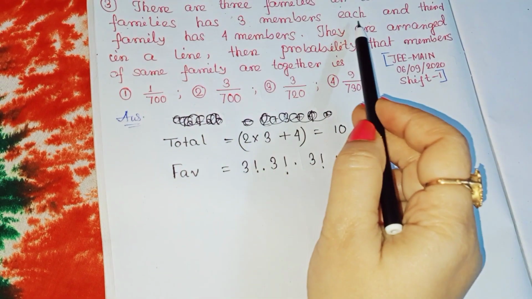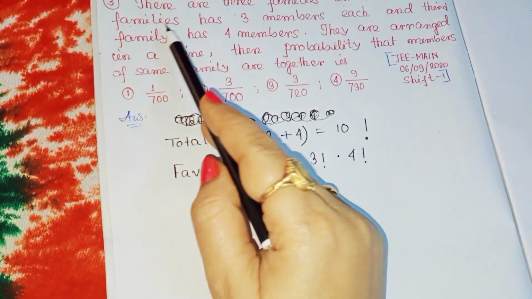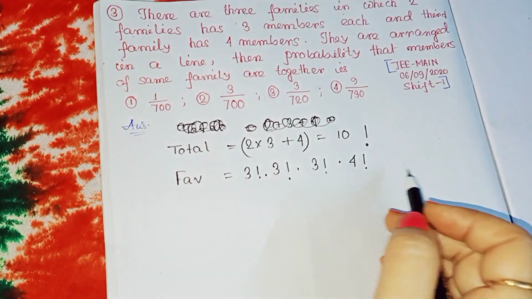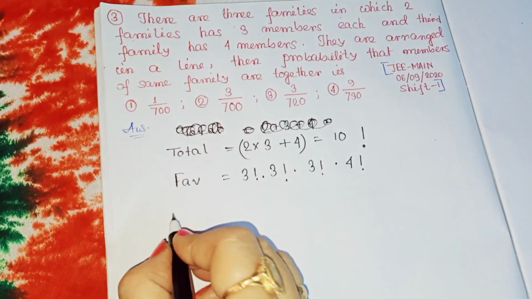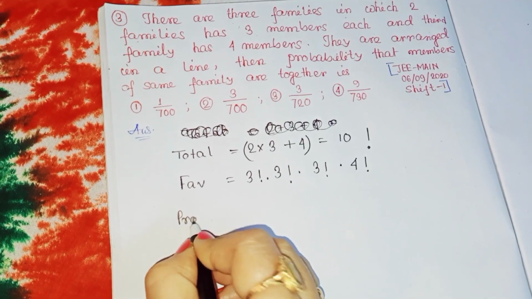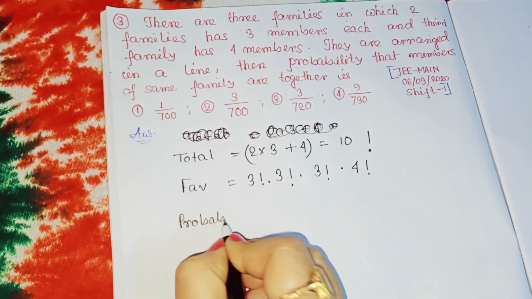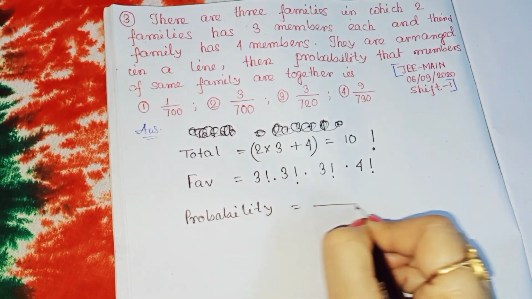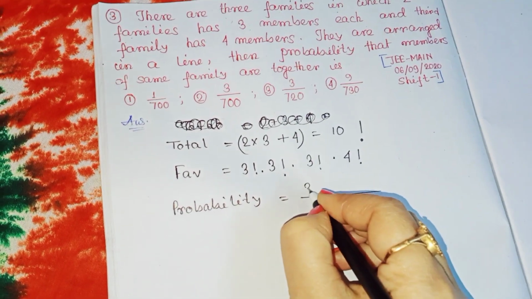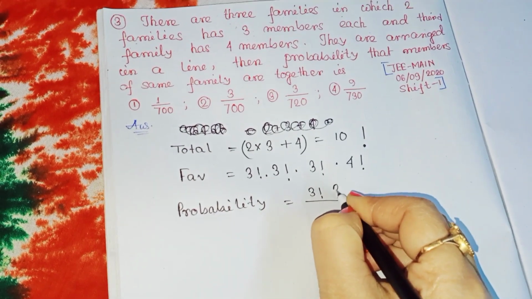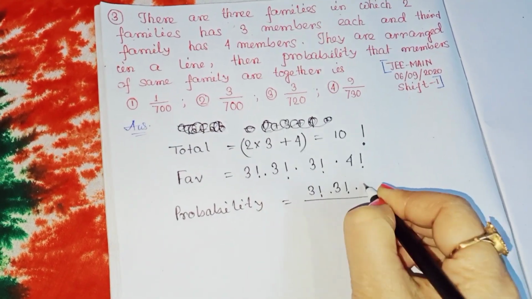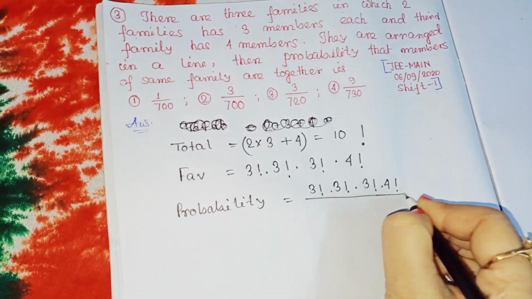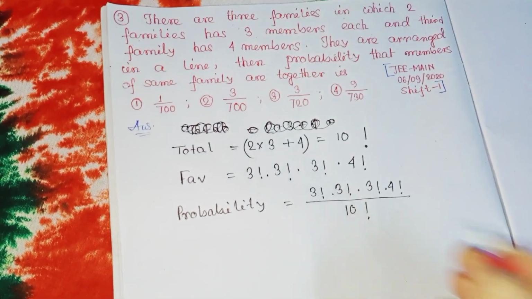As each of the families has 3 members, so 3, 3, 3, and it is factorial 4. Now the probability is equal to factorial 3 into factorial 3 into factorial 3 into factorial 4, divided by factorial 10.